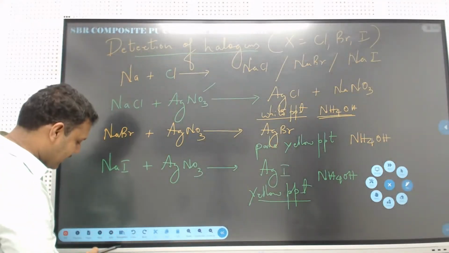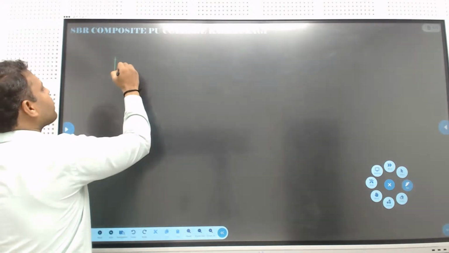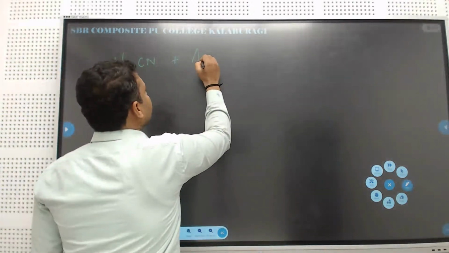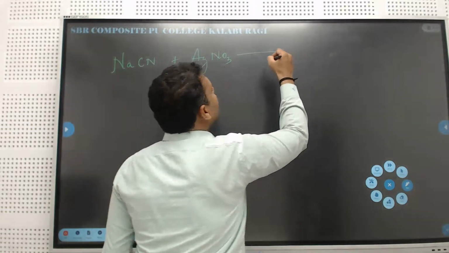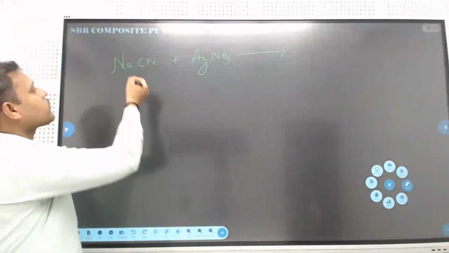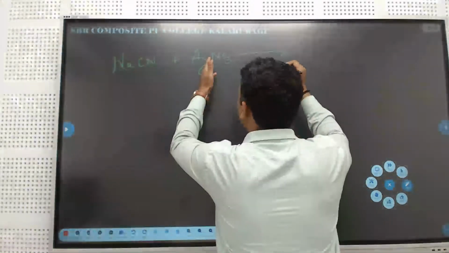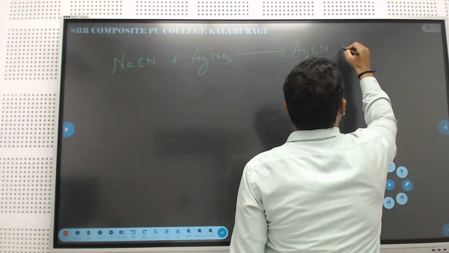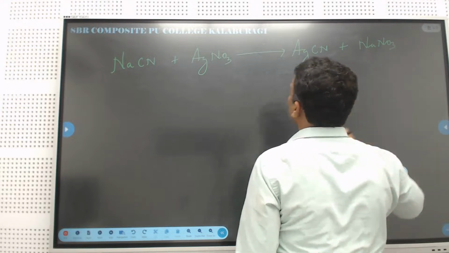The reason is that if we add AgNO3, and apart from sodium halides there was sodium cyanide, then it would interfere with AgNO3 and give AgCN along with the formation of NaNO3.